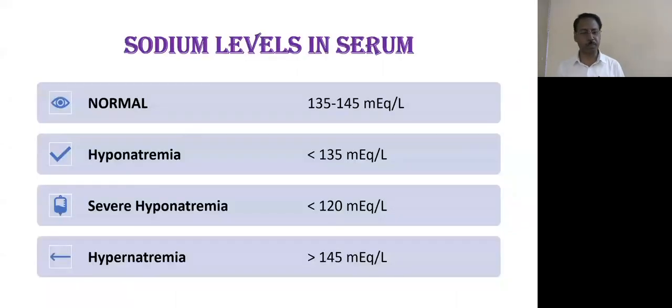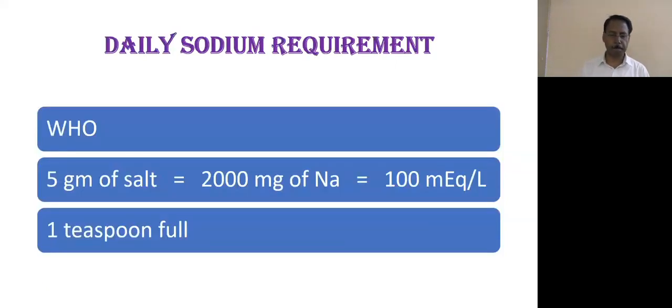Just putting in some very basics, we all know the normal value of sodium is 135 to 145. Hyponatremia again has a classification into mild, moderate, and severe. Just have to remember some values. We call it severe when it is less than 120, and below 135 we call it hyponatremia.